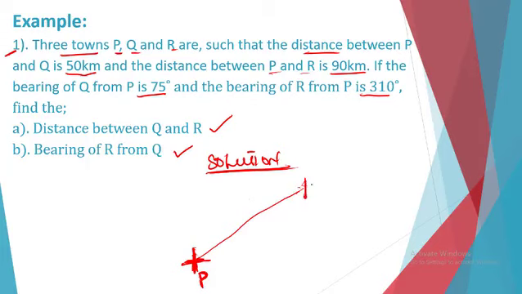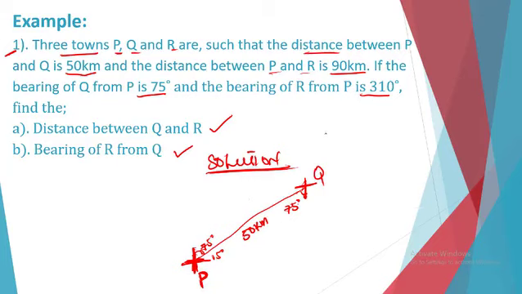So this point is 75 degrees. How many degrees is left in this 90? Remember, this is 90, so this is 15 degrees. Then the distance between P and Q, remember this is our Q, is 50 kilometers.